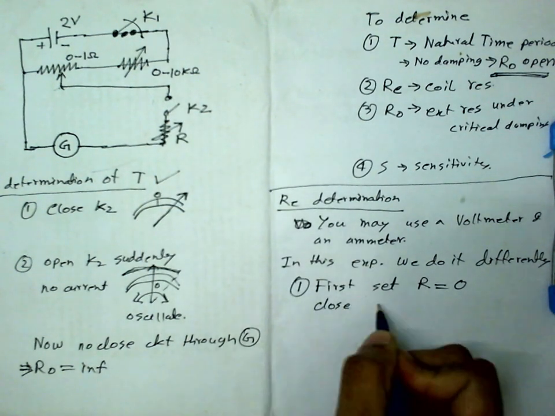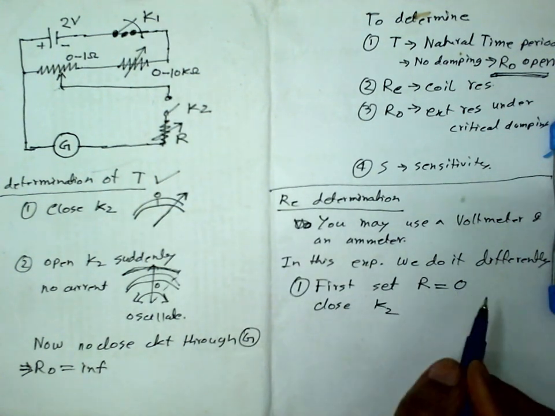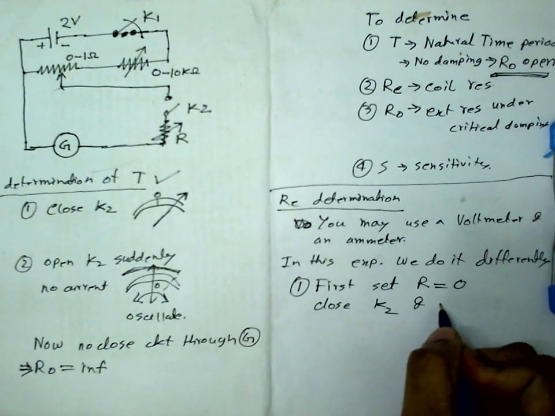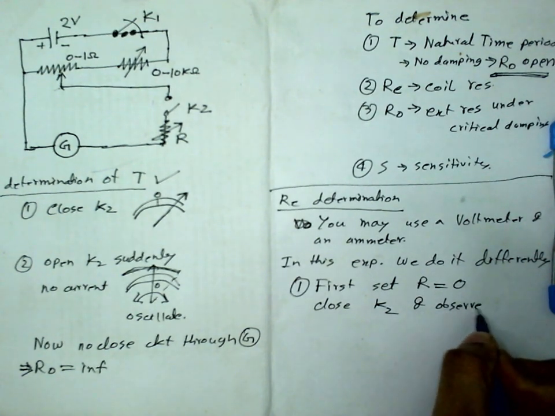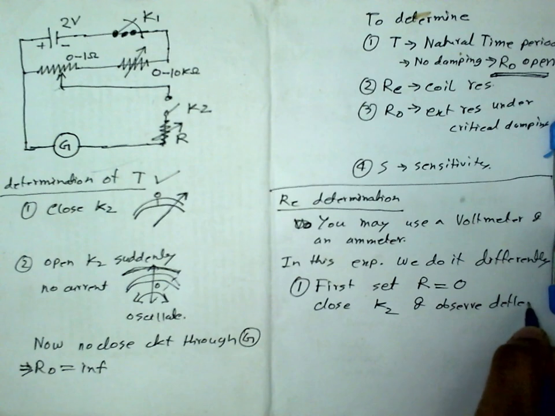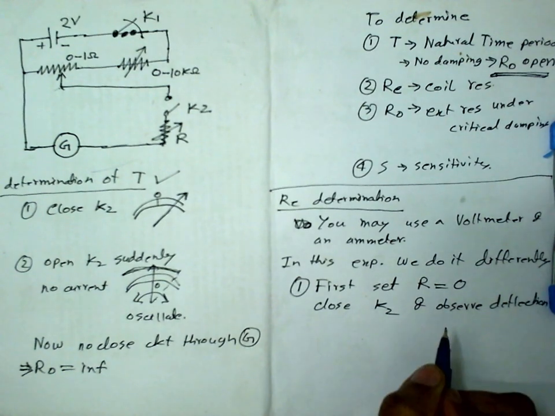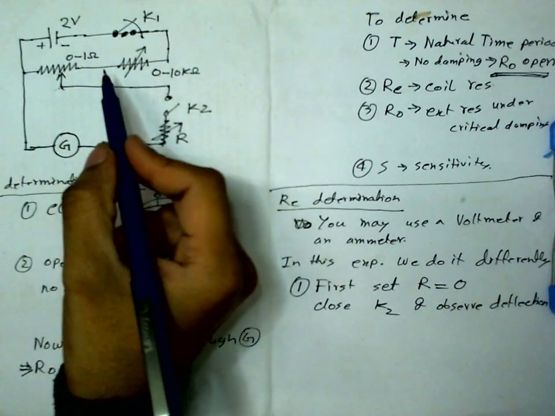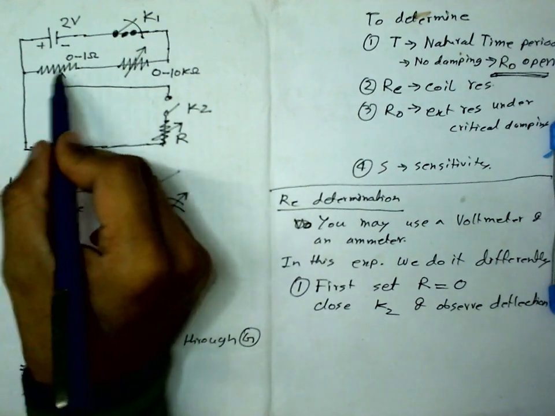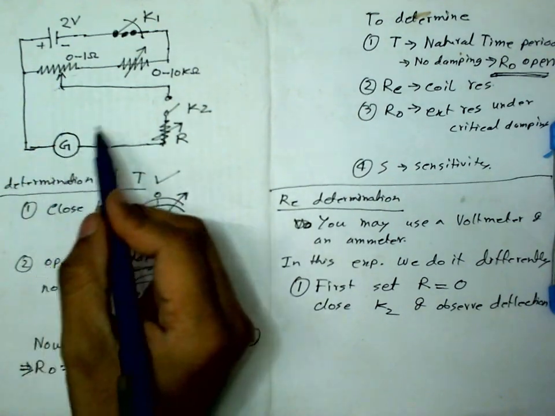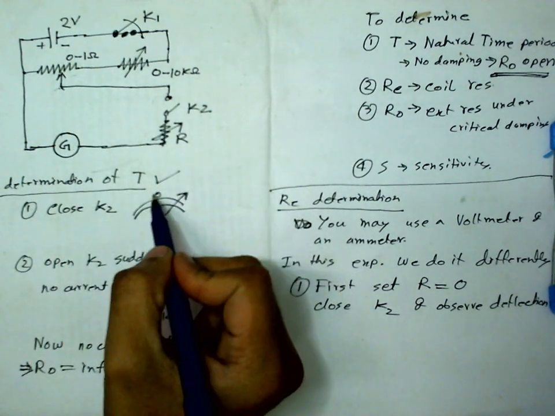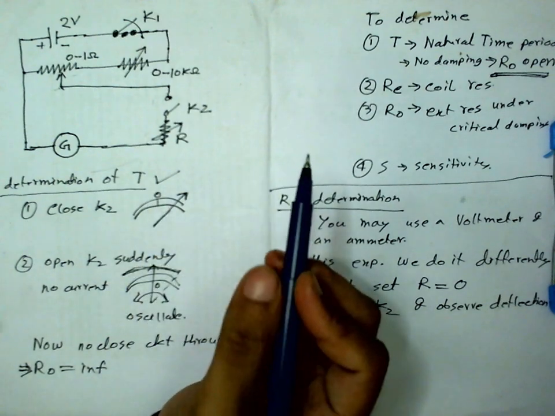Close K2 key and observe deflection. At this moment you can adjust this jockey so that you have a desired value of deflection, maybe full scale or something like that.